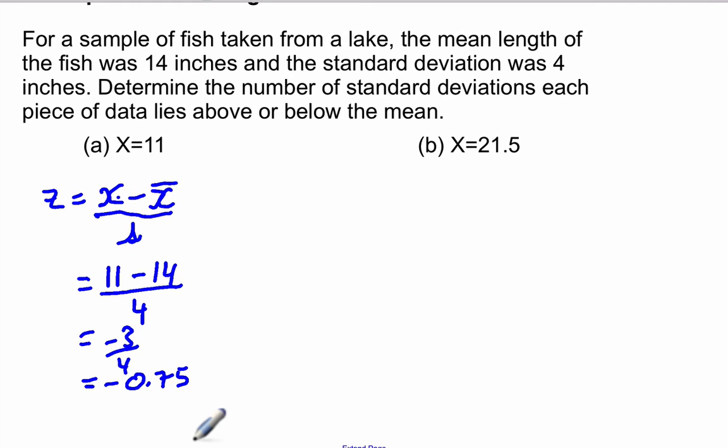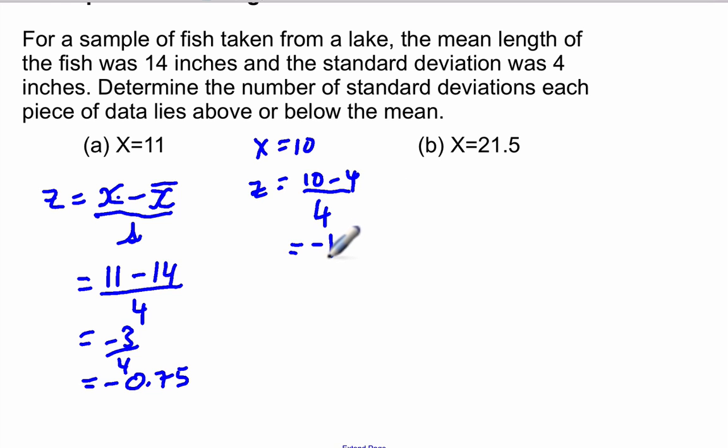And so that means that this data value, 11 inches, is 0.75 or 3/4 of a standard deviation below the mean. If this was 10, for example, well, then the z-score would have been 10 minus 14 over 4, which would have been negative 1.